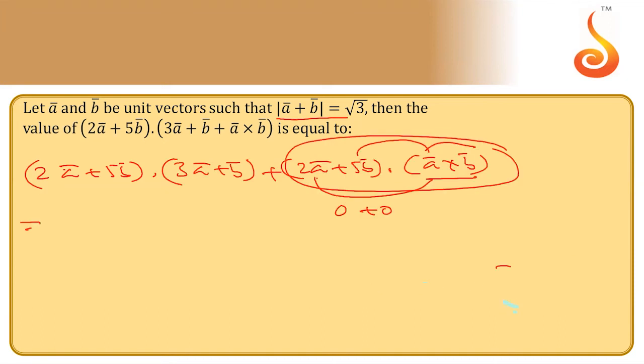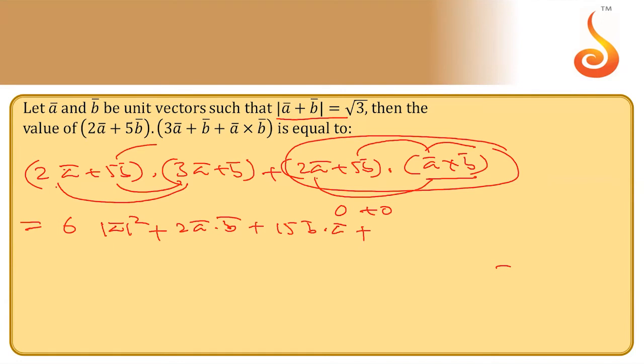Only the first term combination will come here. Let us take only the first term. That is 6 A dot A, which means 6 modulus A square. Now 2 A dot B, then 15 B dot A, plus 5 B dot B. B dot B is modulus B square.